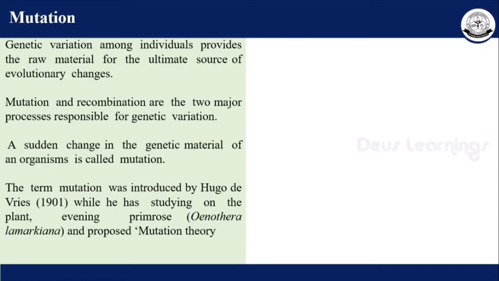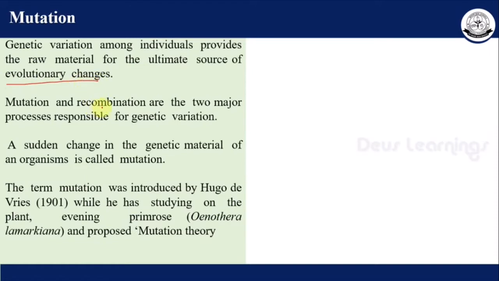Let's take an example of the elephant: an Asiatic elephant and an African elephant have some morphological differences, and these differences come because of some mutation that happened in an earlier ancestor. So mutation is a raw material that promotes evolutionary changes.